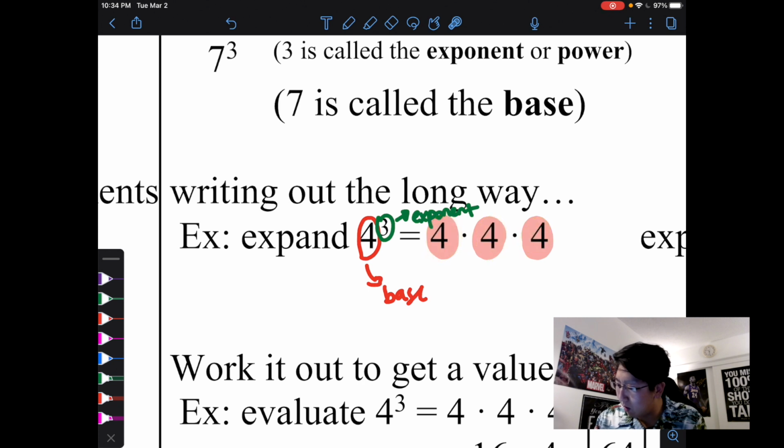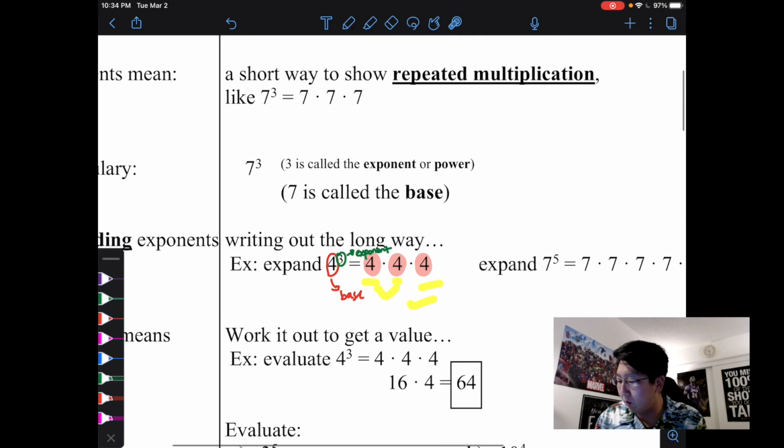You see that there's 1, 2, 3, so we're repeating multiplication. 4 times 4 is 16, then 16 times 4. We'll get to it down here.